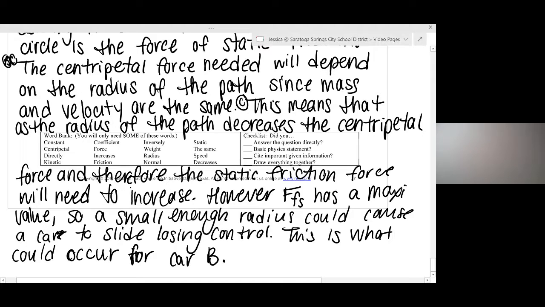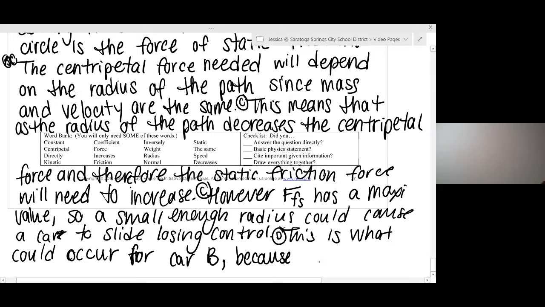The radius of the path decreases, so centripetal force and therefore static friction force will increase. Again, more citing evidence. However, friction force has a maximum value, so a small enough radius could cause the car to slide, losing control. This is what could occur for car B. That's me drawing everything together because I forgot this last part.